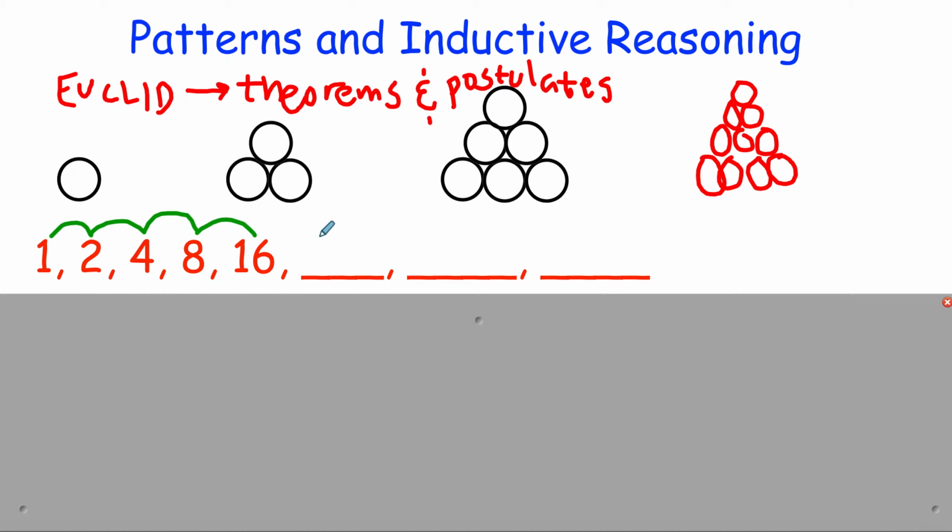Then 16 times 2 would be 32, 32 times 2 would be 64, and 64 times 2 is 128. Some of you may have seen that pattern right away. This is the pattern that we describe, and we could keep going, but we'll just leave it at that.